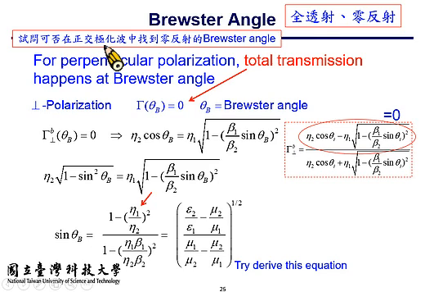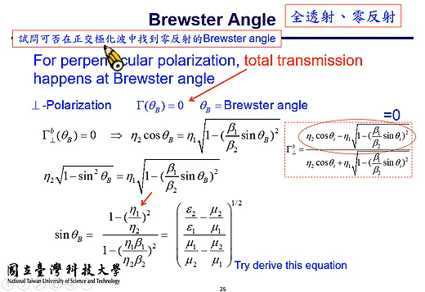Mu 2 equals mu sub 0. For non-magnetic materials, the permeability is generally very close to mu 0. So for non-magnetic material, mu 1 and mu 2 are nearly the same. Therefore, you end up with 1 minus 1 in your denominator.